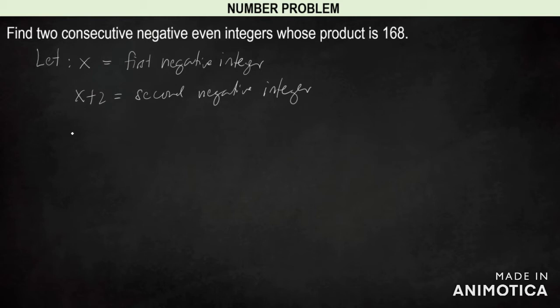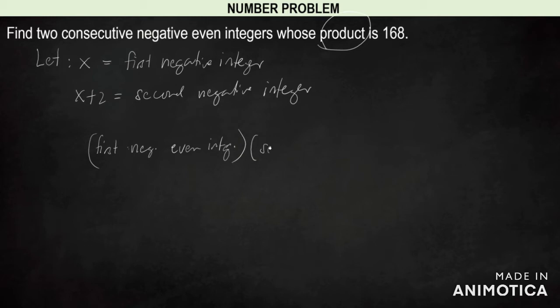Then, we translate this mathematical statement into an equation. So, we have here the first negative even integer times the second, because it is a product. That is why it becomes times.